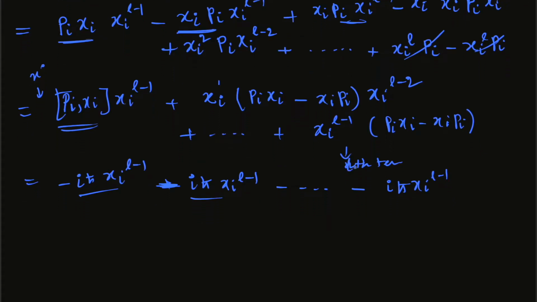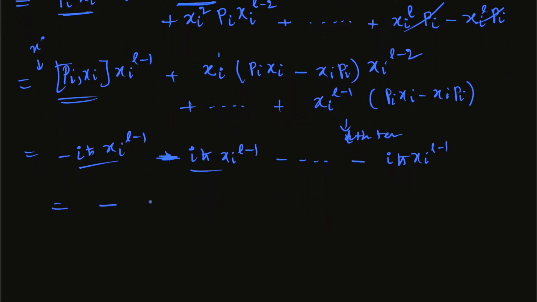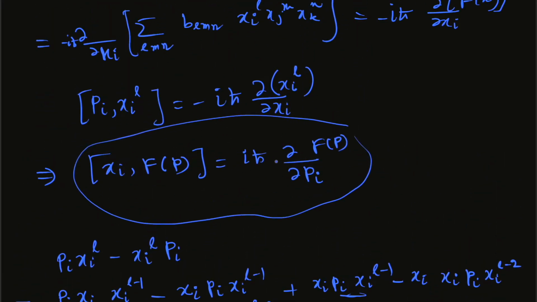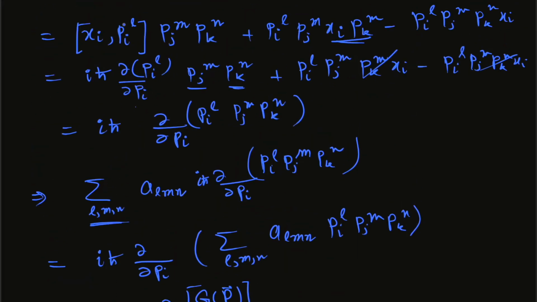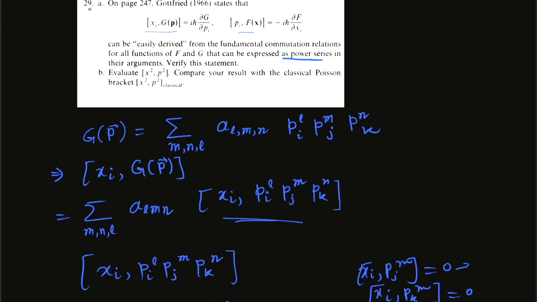So this will be the lth term, so that means minus l i h cut x_i to the power l minus 1, that is minus i h cut del x_i to the power l. So we have used this relation to prove this relation. So we have proved the a part of the question 29.